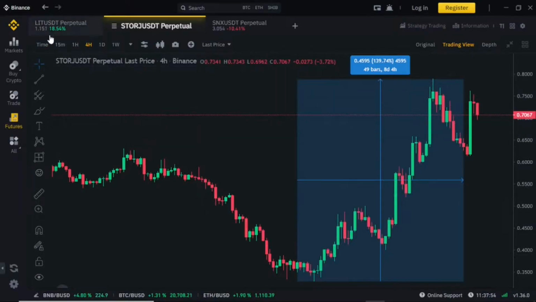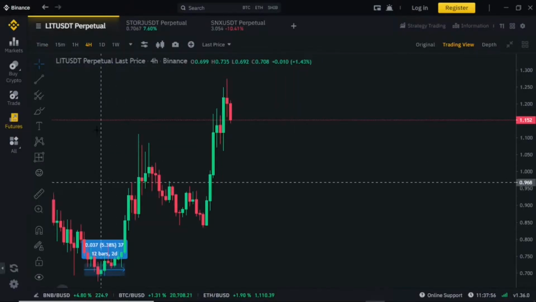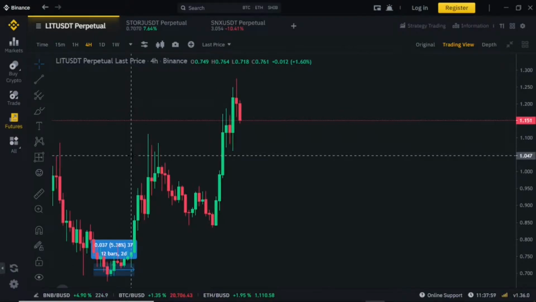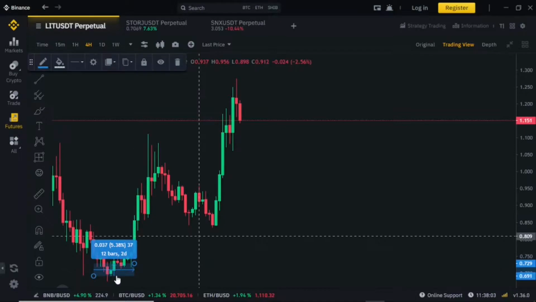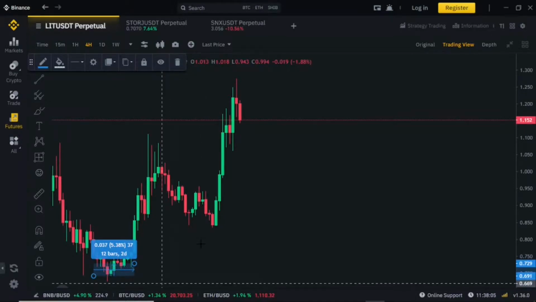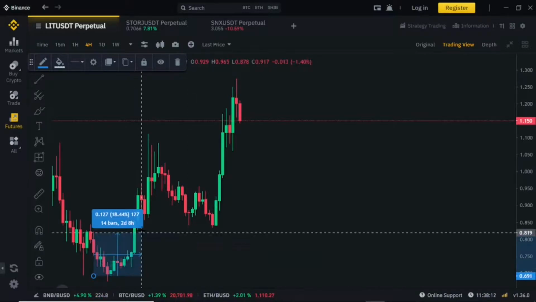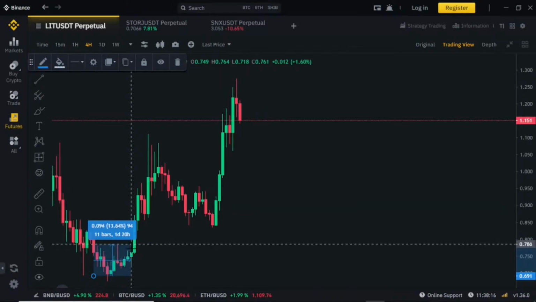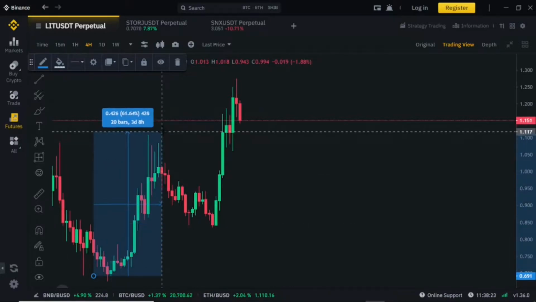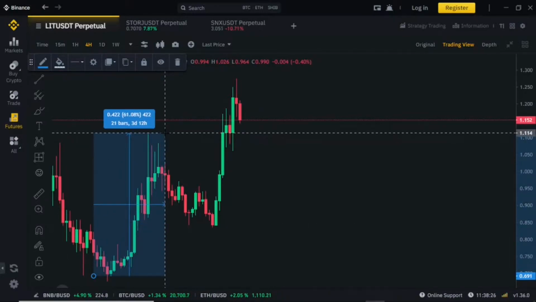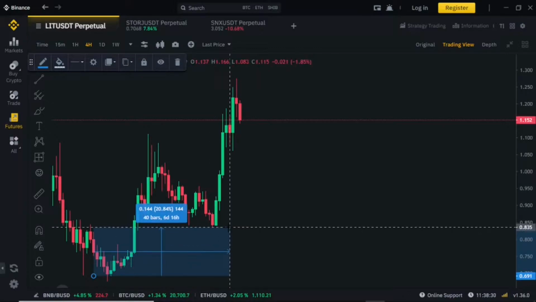And next up, the most current bullish trend section of the LIT USDT cryptocurrency pair started from the lowest price of this green candlestick bullish trend starter, which is 0.691 cent, and then it bounced up by 13% and then dipped back down to 3.2%, and then it bounced up again by 61% and then dipped back down to 20%.